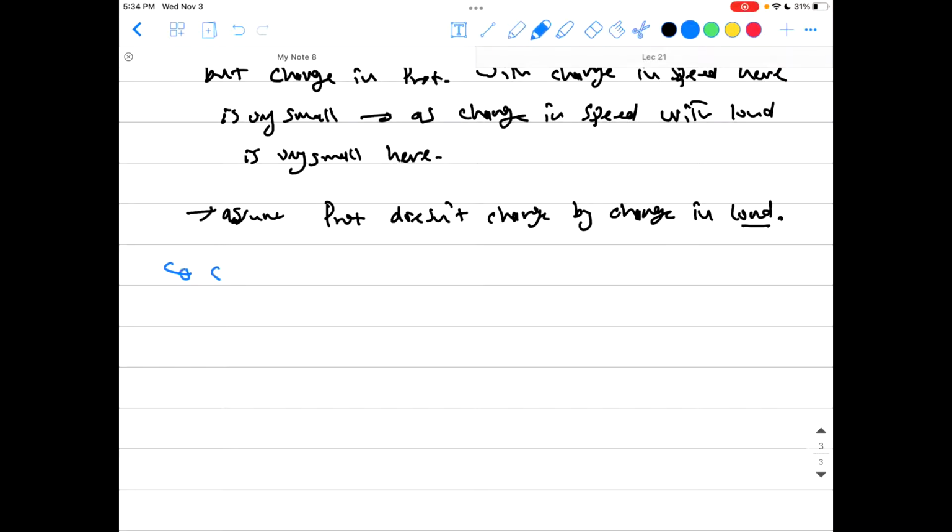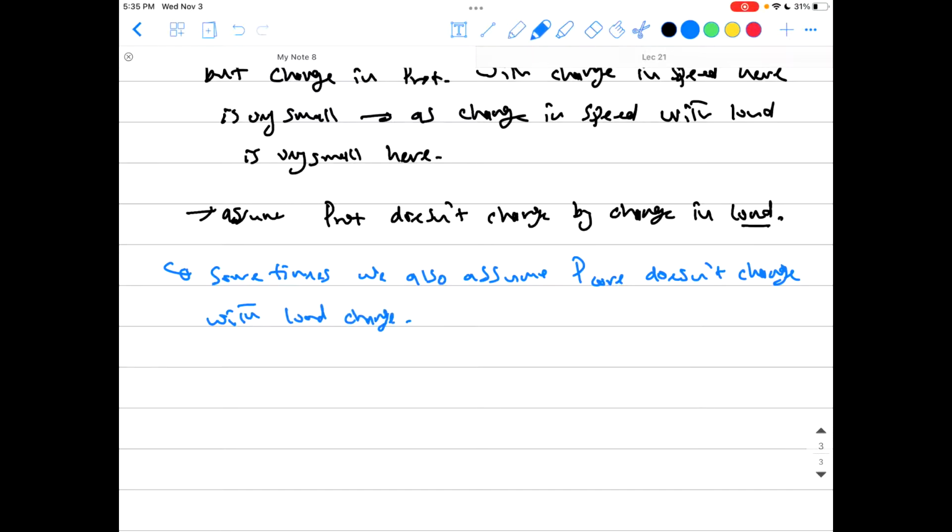And by the way, sometimes we also assume the P core does not change with load change.